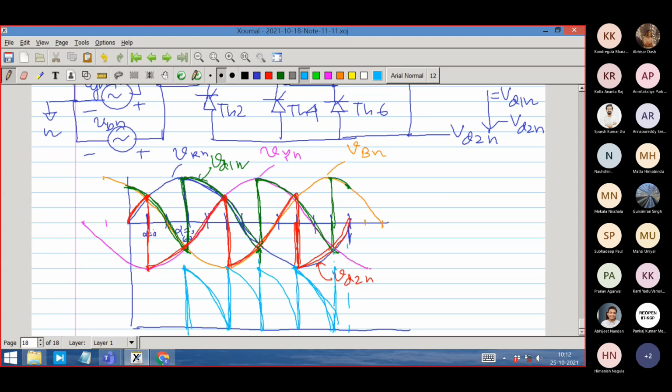So here like this, and then like this, and then from here it is like this. Yes, so this waveform is V rect, which is nothing but V d1n minus V d2n, right?